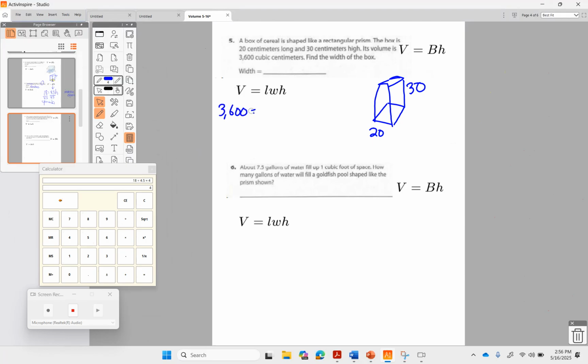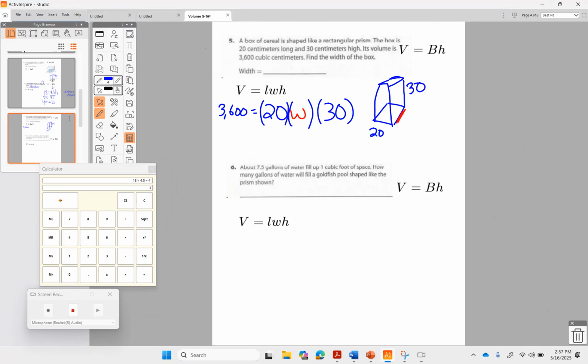Okay? So I need to find this number here. That means 20 is my length times the number in red that I don't know, which is the width, times the height, which is 30.